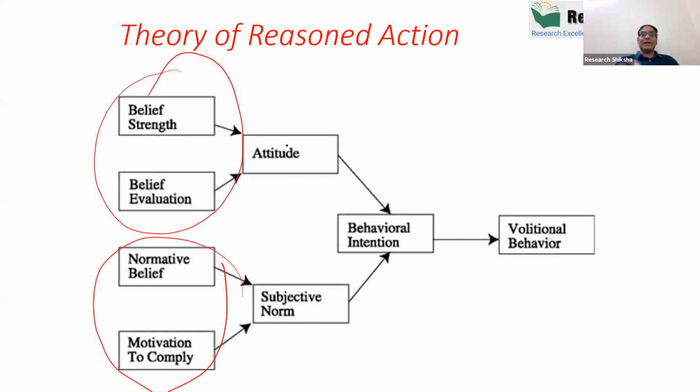And this attitude is the same, subjective norms, behavioral intention, and behavior. So this is a backward extension of the theory, known as the theory of reasoned action. So you are explaining the reason of the behavior of the people. So here the focus is on explaining the reason.